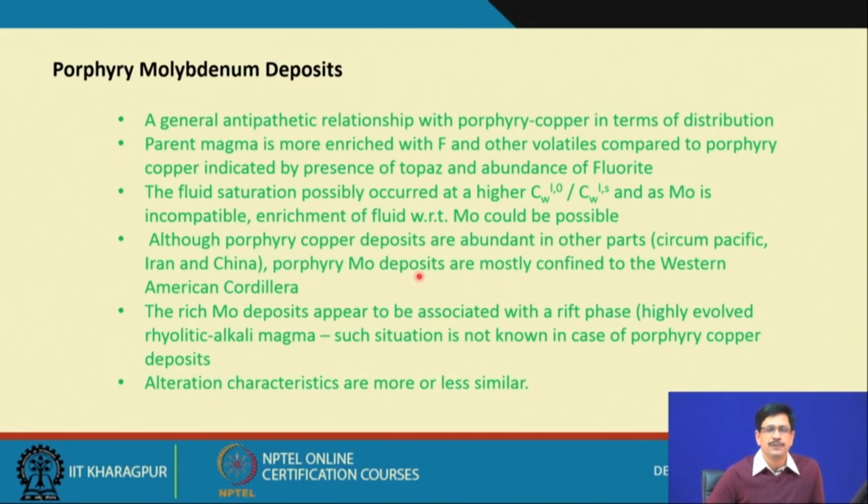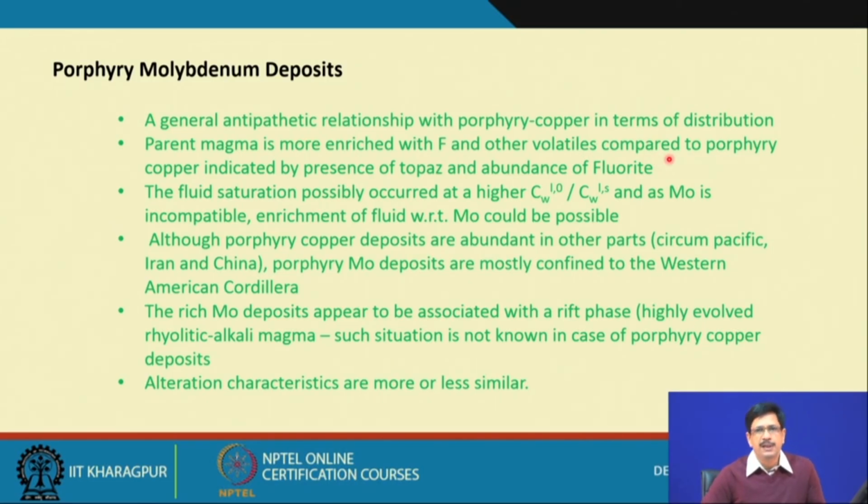There is possibly something critical about molybdenum deposits which was not very well known, although many porphyry copper deposits do have molybdenum in insignificant quantity. The difference found in such cases is that the parent magma is more enriched with fluorine and other volatiles.